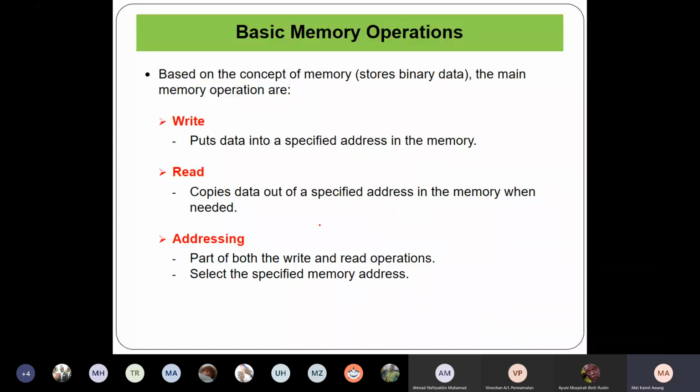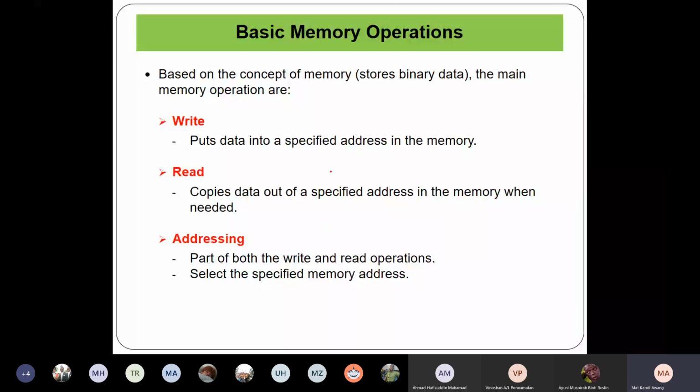Okay? If you are working as a computer engineer, that is a different story altogether. When I did my bachelor degree, I had to design operating systems, where I had to write code for how to do the addressing, where to write certain data to a certain location, right?